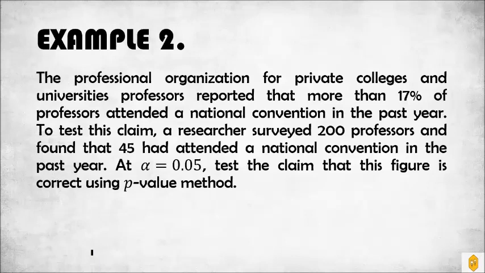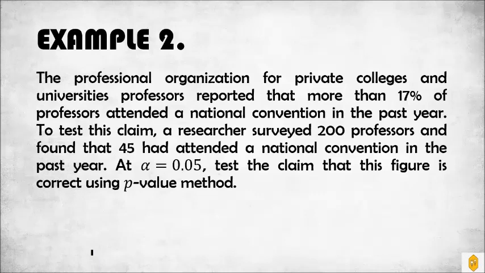Ibig sabihin, kahit p-value lang ang meron tayo, pwede tayong makapag-provide ng decision. But of course, gagamitin natin ang significance level para malaman natin kung nasaan ang critical region. Okay? So what I'm trying to say is, pwede natin gamitin ang p-value method or yung p-value mismo para makapag-provide tayo ng decision.